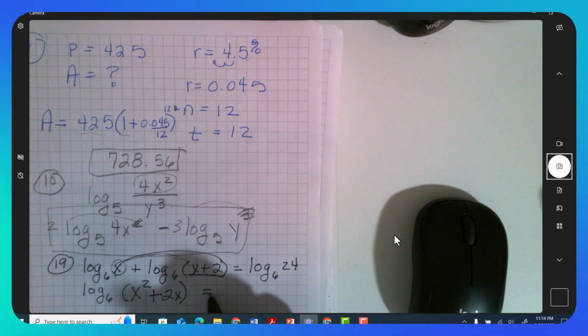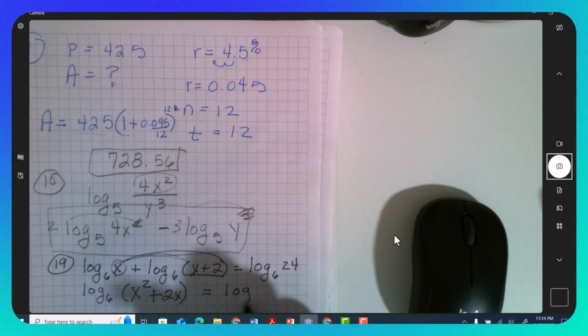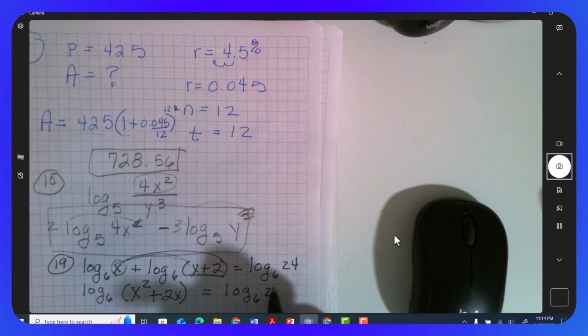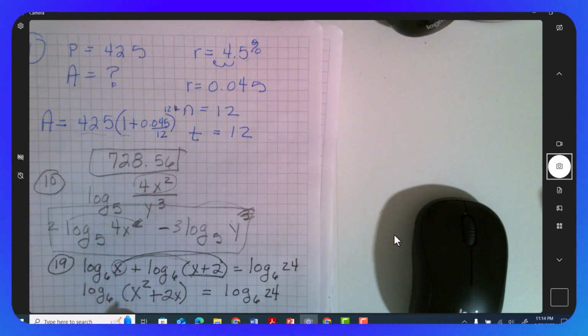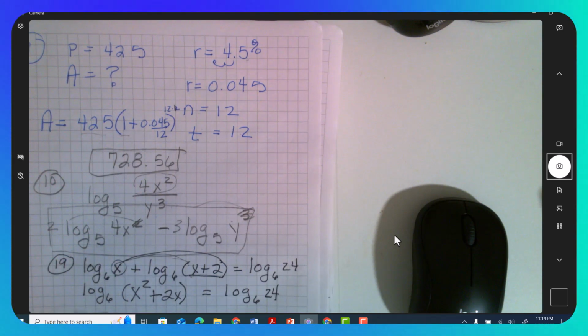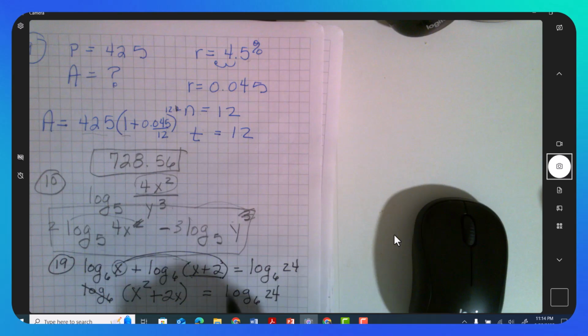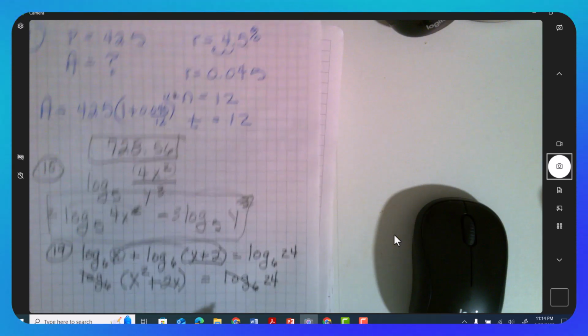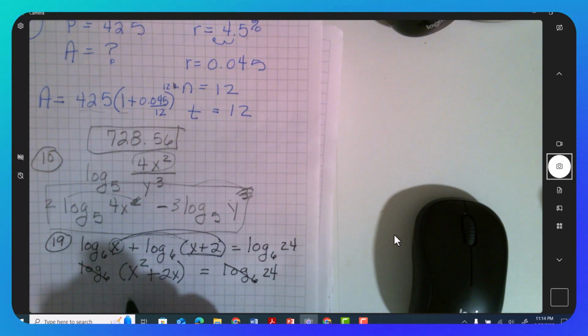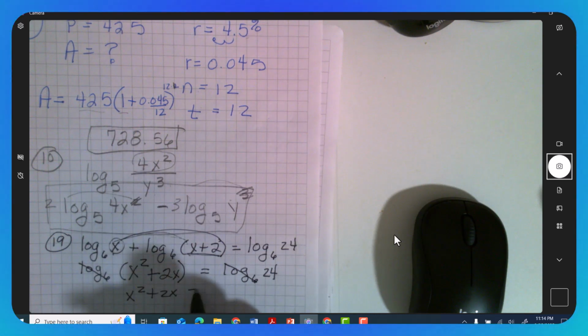All right, that's equal to log base 6 of 24. Okay, now we can take the logs off.